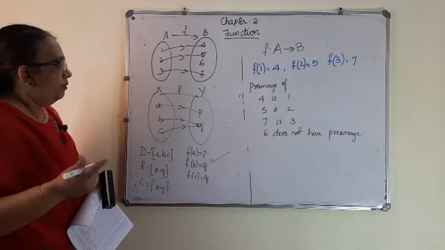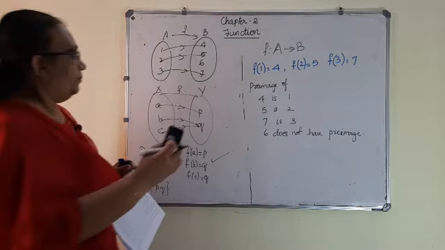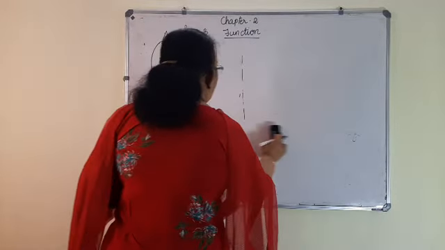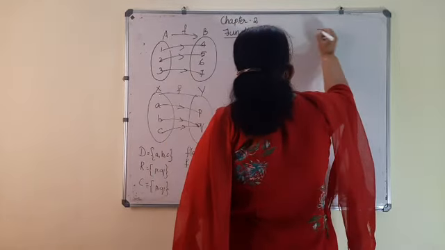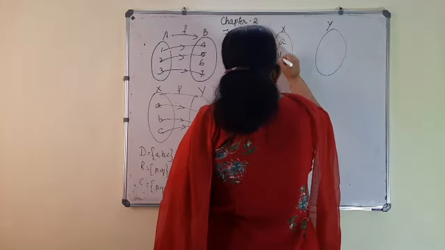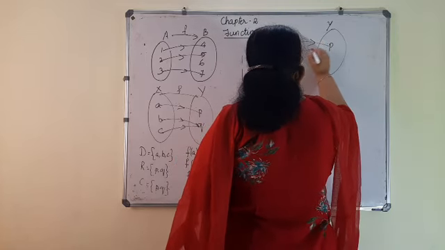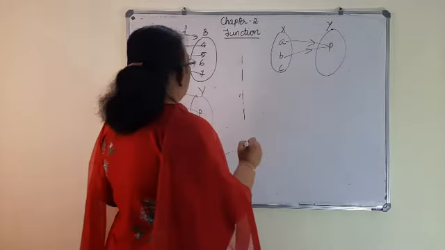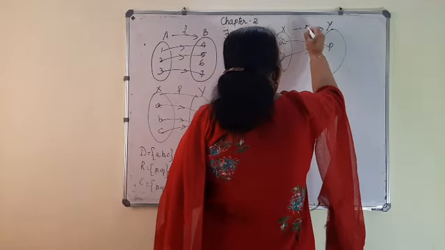But what about the reverse? What about the reverse of these two? Now, suppose I define one more example, let us take X, Y, A, B, C, P. Is this a function?